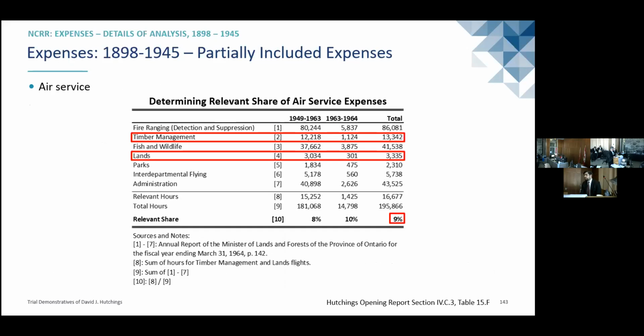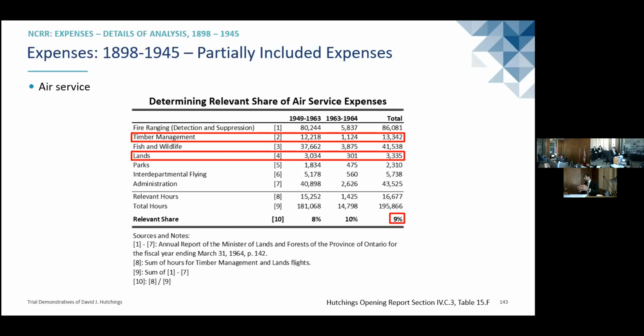This is now slide 143. During this period of time, Ontario operated air services, and we see an expense line item in the public accounts in many years for air service. And the planes can serve many purposes. For a while, they were all bucketed together.